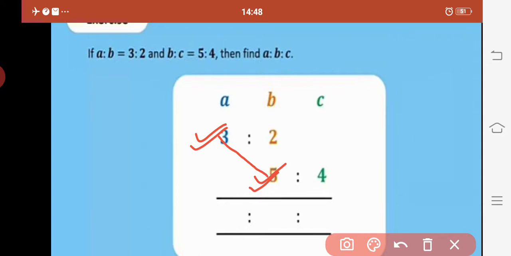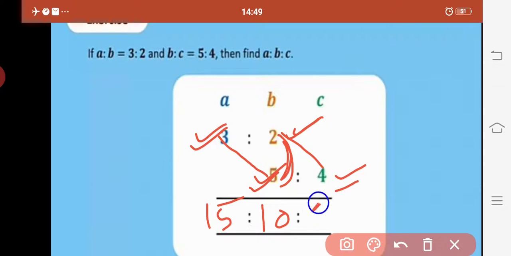We will multiply, this will be 15, 3 5s are 15. Now for B, you multiply both terms of B, this will be 10. Now for C, consequent of first with the consequent of second, that means this is 8. Okay, so 15 ratio 10 ratio 8 is the answer.